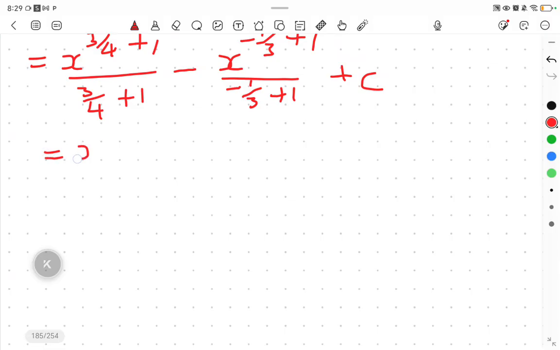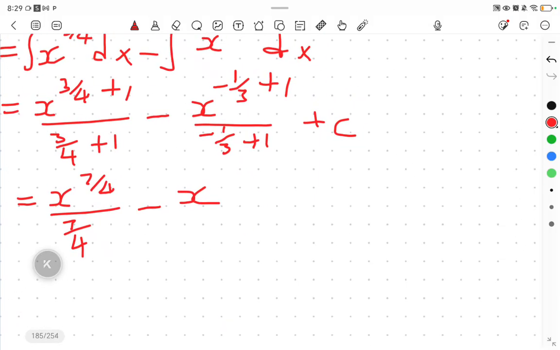So this will be 7 over 4, 7 over 4 minus x, and this will be minus 2 over 3, minus 2 over 3 plus c.